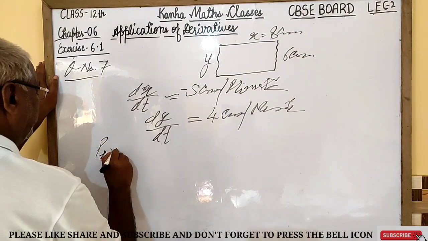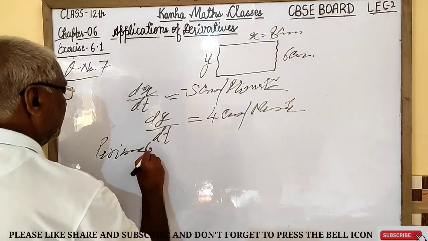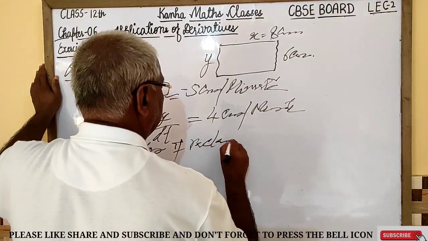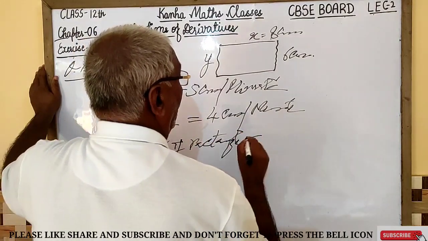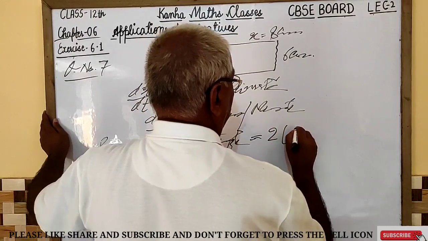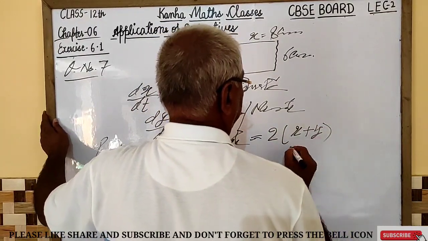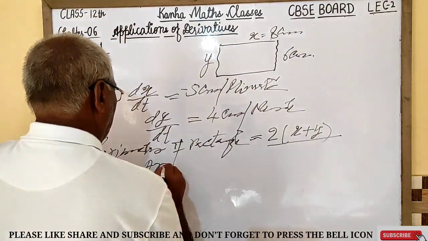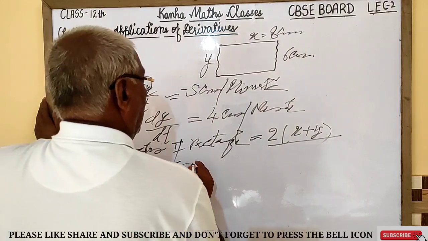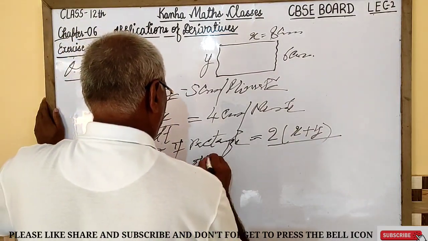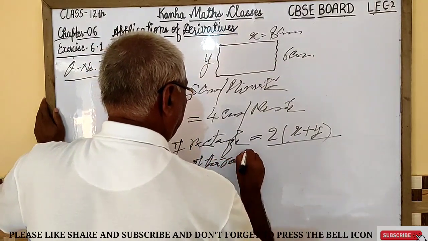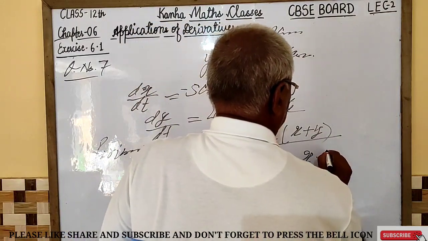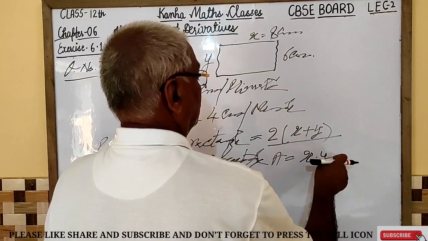Now first of all, you know the perimeter of a rectangle is equal to 2 times x plus y, and the area of the rectangle A is equal to x y, means length into width.